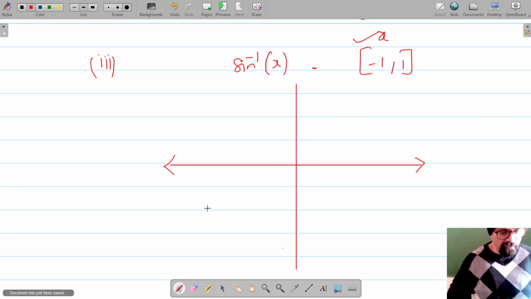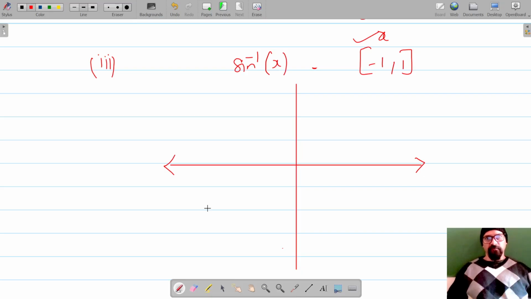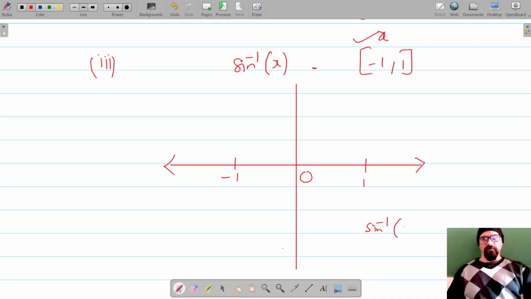Okay, so we have to draw the graph for sine inverse x here. For x, the value goes from -1 to 1, and we know that sine inverse 1 is equal to pi by 2. So on the y-axis, we have these angles. For sine inverse 1, the value is pi by 2, so we are here.